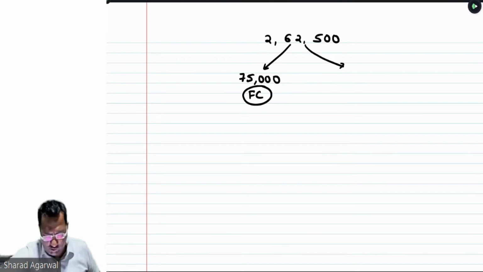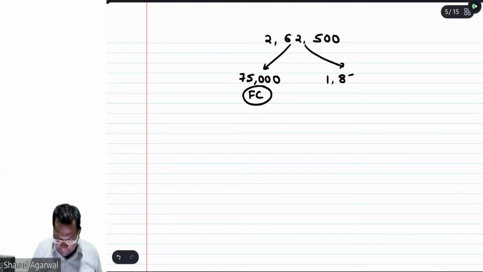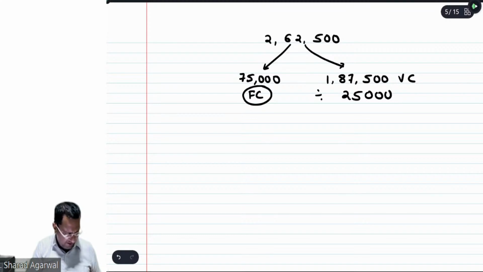Amount बताया बेटा, variable cost का? 262,500 minus 75,000, it's 1,87,500. It's a variable cost for how many kilometers? For 25,000 kilometers. Determine कीजिए per kilometer budgeted cost कितनी है? Per kilometer it's 7.5.